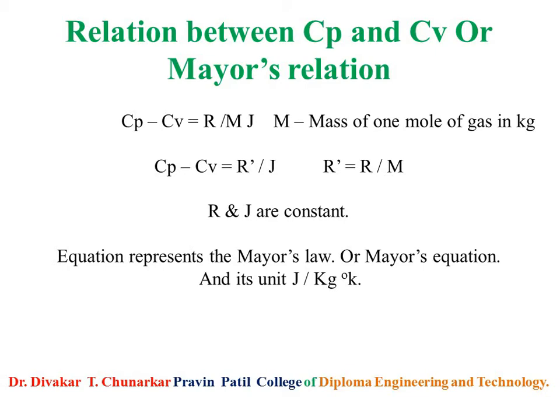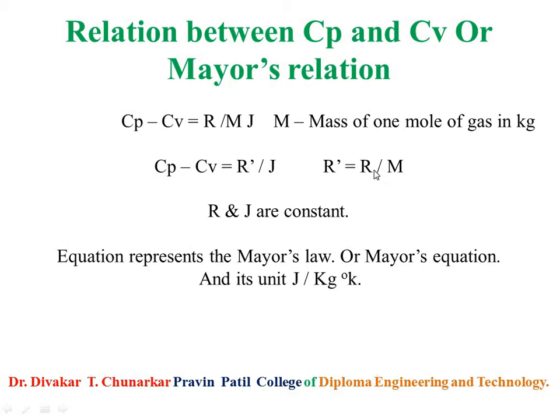The relation between specific heat of gas at constant pressure and specific heat of gas at constant volume, or this relation between Cp and Cv, is also known as Mayer's relation or Mayer's equation. Here Cp is the specific heat of gas at constant pressure and Cv is the specific heat of gas at constant volume.